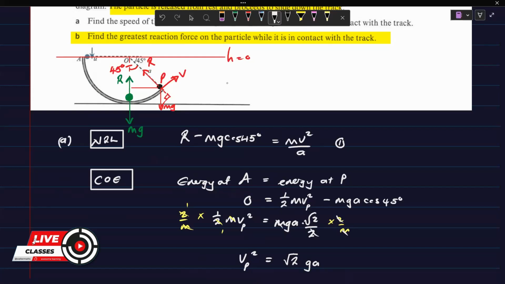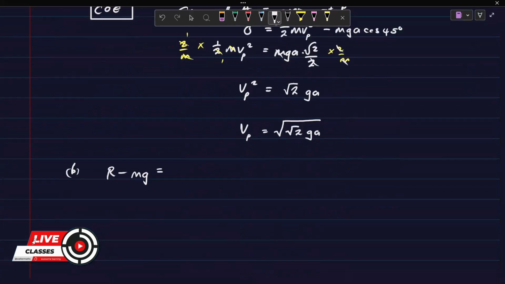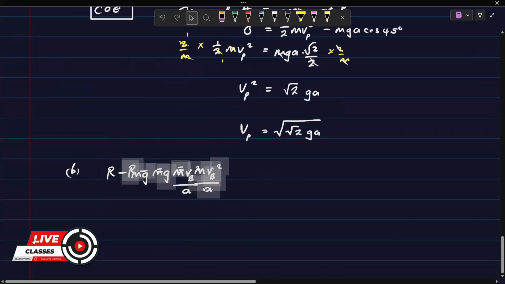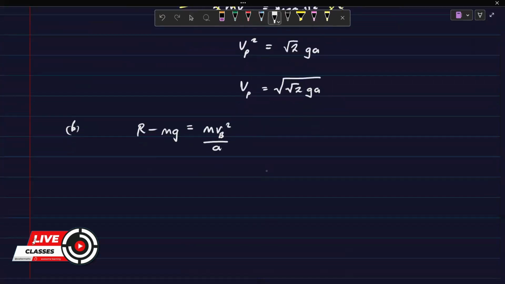Let's call this position B. So at B, we have m of v_B squared over the radius, which is a. So I've applied Newton's second law.